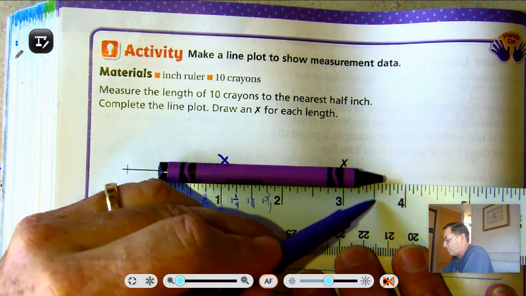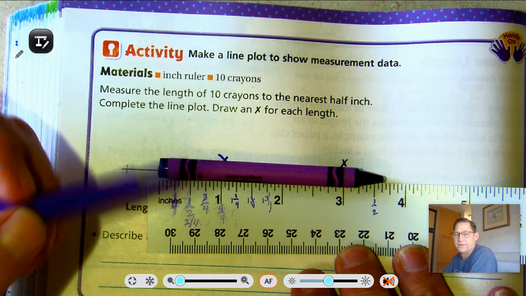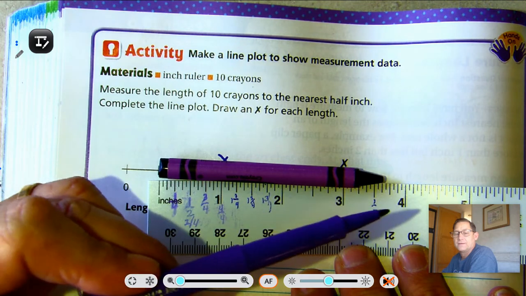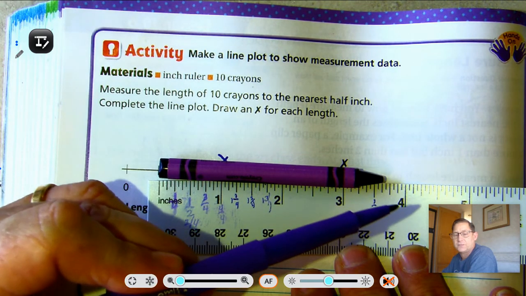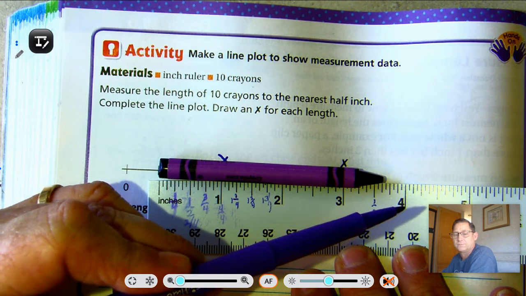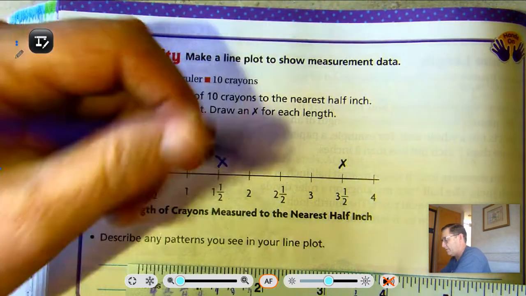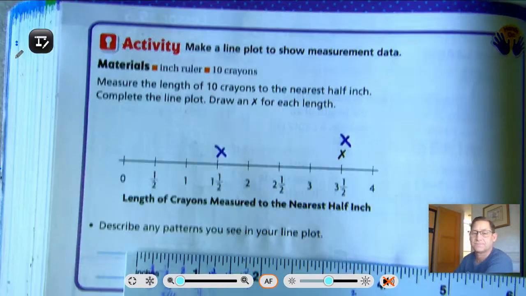This is the 1/2 inch mark, right? The second longest line in between the whole numbers. So is it closer to the 3.5 or is it closer to 4? It's closer to 3.5. So I'm going to put another one at 3.5.